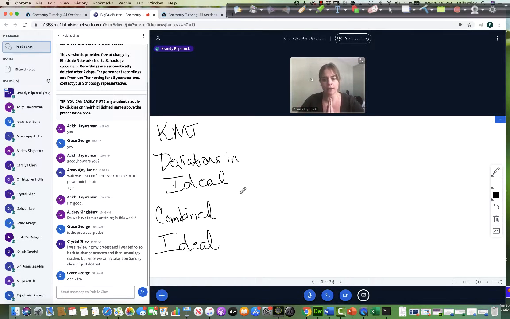Ideally, gas particles should be very far apart from each other, so they shouldn't really be interacting with each other. They'll keep moving until they hit either the walls of the container or each other.